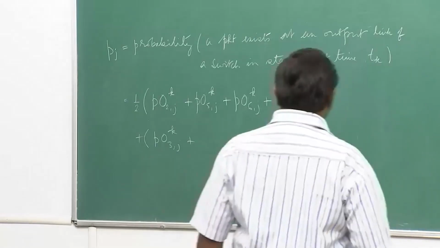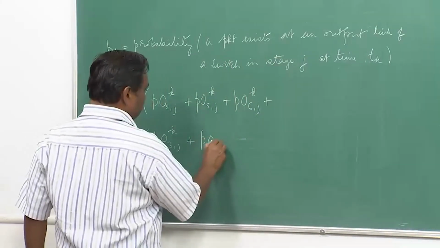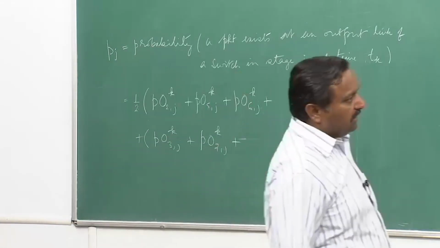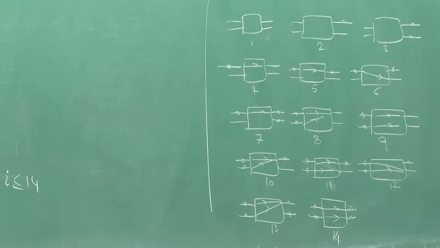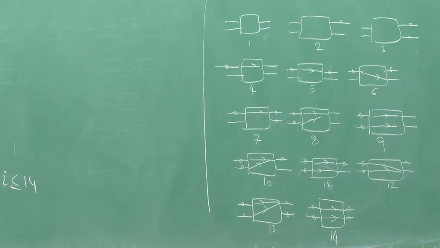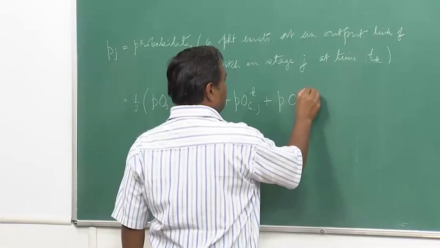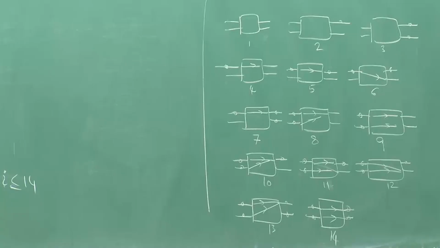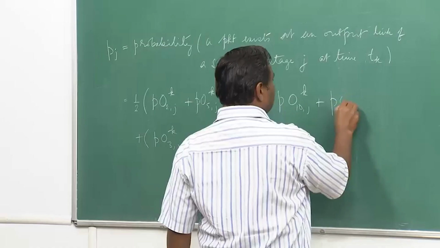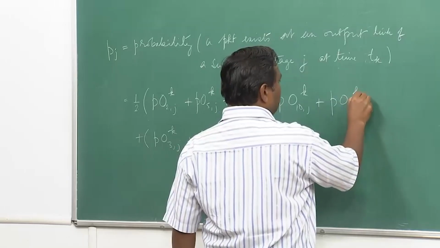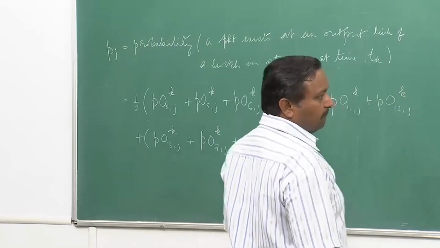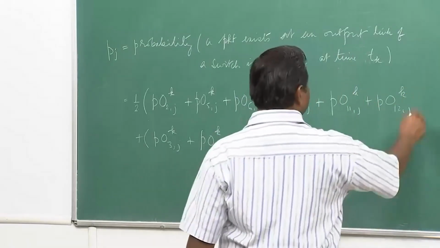The seventh one will be there with full, and the eighth will not be there, the ninth will not be there, the 10th will be there with half, the 11th will be there with half, the 12th will be there with half, and 13 and 14 will be there with full.